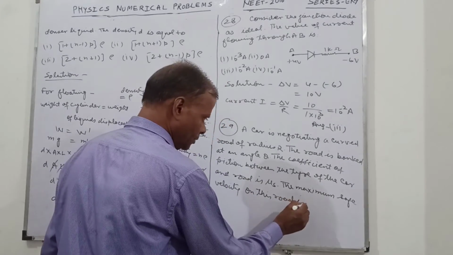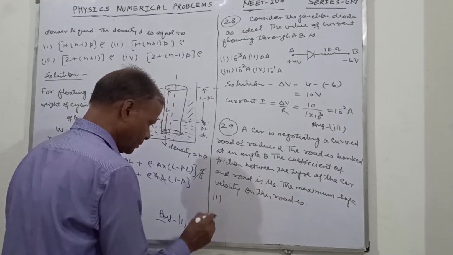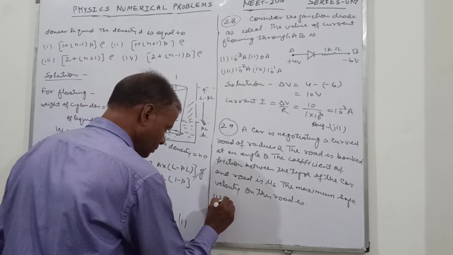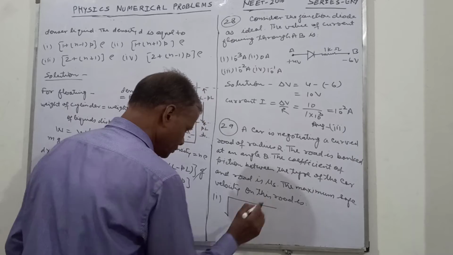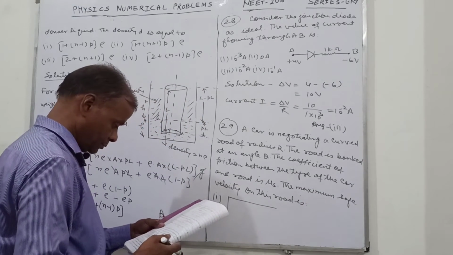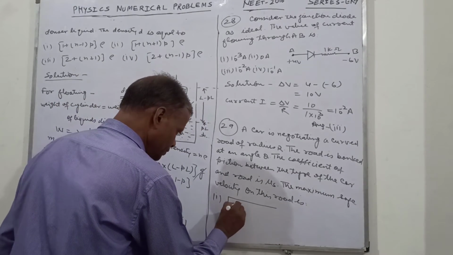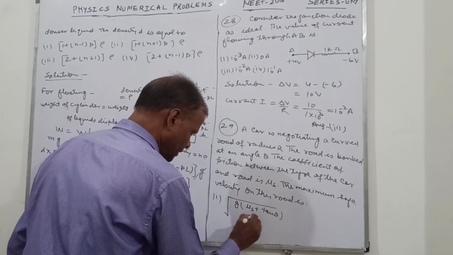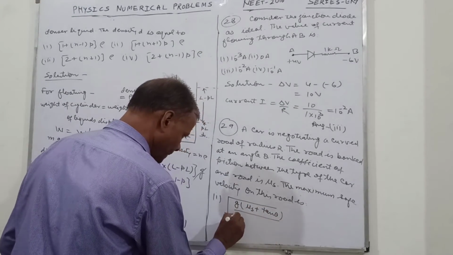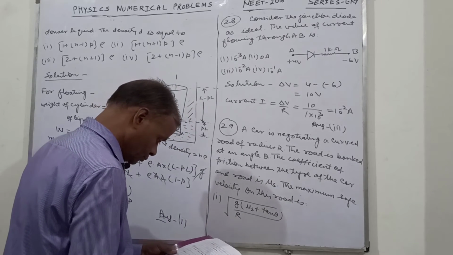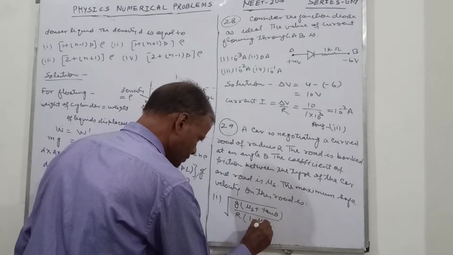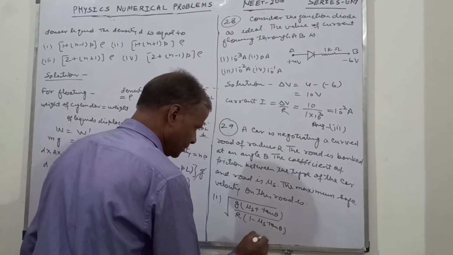now the options. First option is square root of g into mu s plus tan theta upon R into 1 minus mu s tan theta.